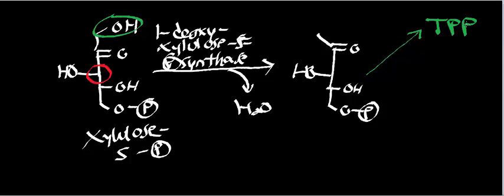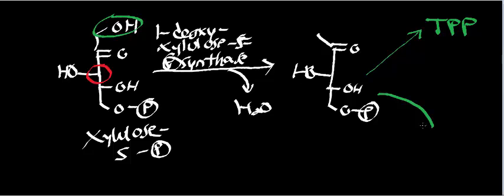Thiamine pyrophosphate is a cofactor for many enzymes. If you recall, it's a cofactor for the pyruvate dehydrogenase complex. It's also a cofactor for another enzyme called acetolactate synthase, which is involved in branched chain amino acid biosynthesis.